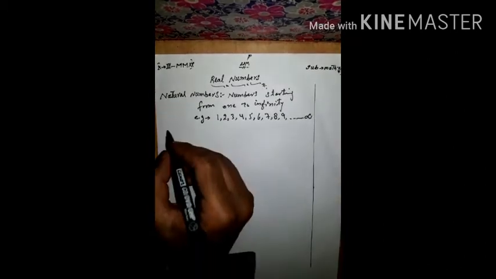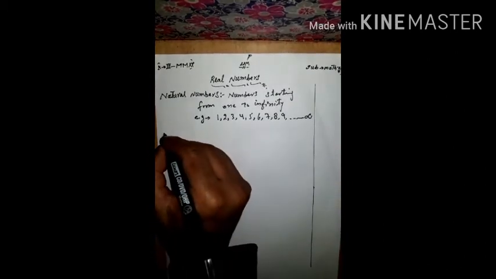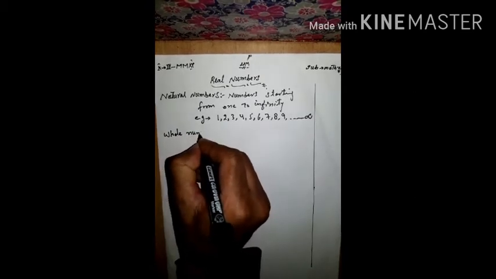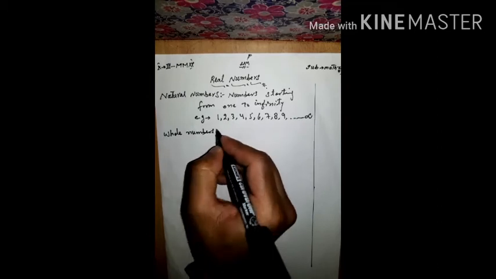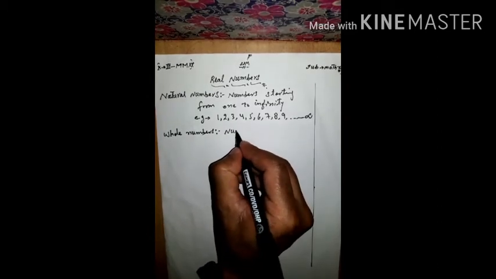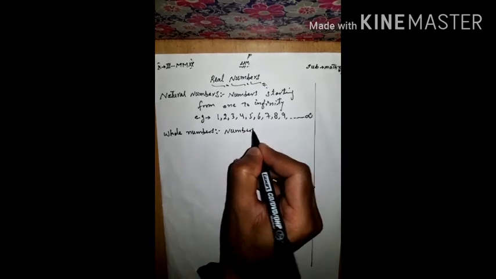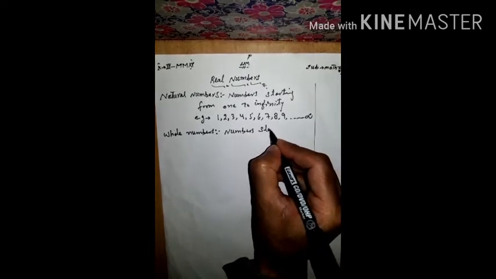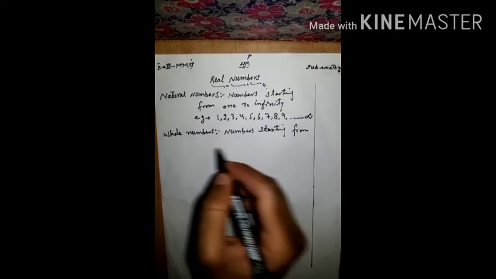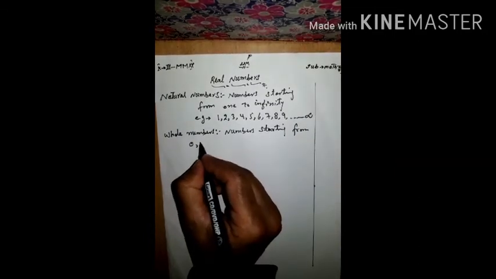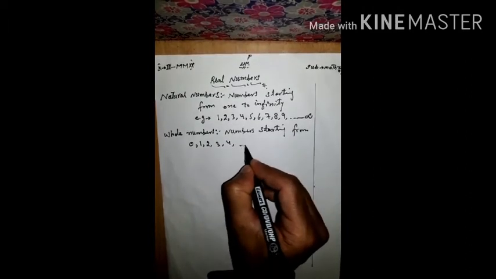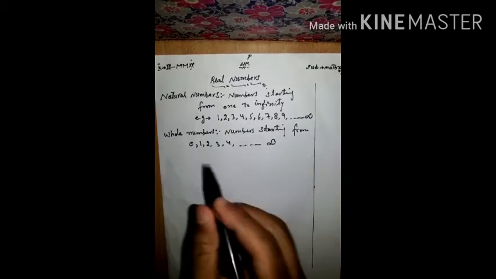Next we have whole numbers. Whole numbers, those numbers starting from 0 to infinity. 0, 1, 2, 3, 4 and so on up to infinity.